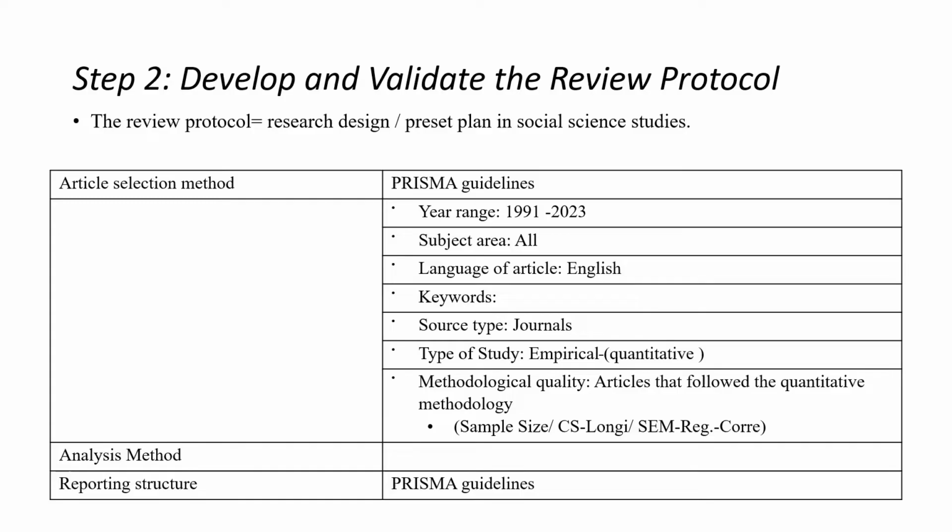It's a Canadian organization, highly recognized and highly recommended for systematic literature reviews, right? They provide 27 items that give guidelines on how to design, how to conduct, and how to report the research, which is basically systematic literature reviews and especially meta-analysis, right?